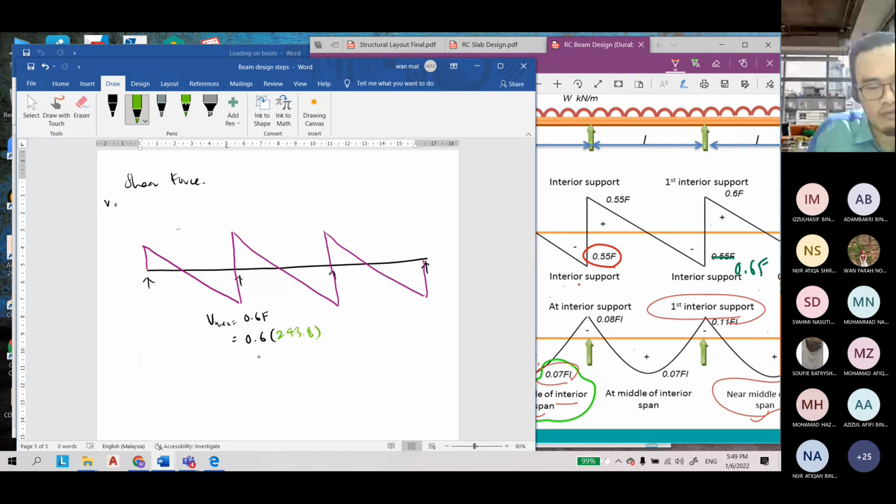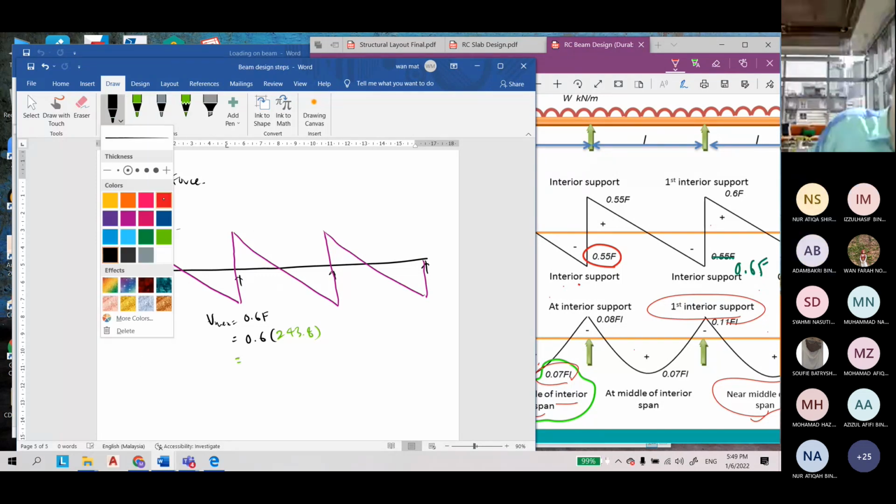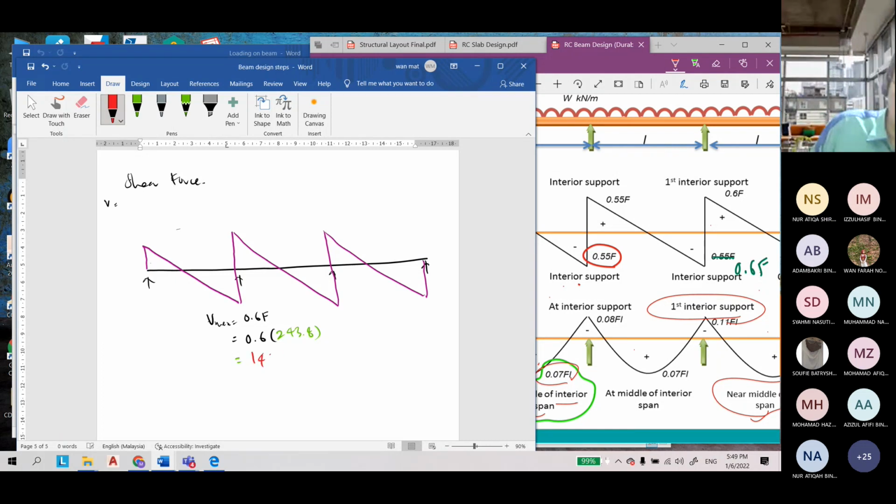So what is the value of V? 146.3 kilonewton. So this is the maximum. You design based on the maximum one, and then you apply it to the other parts.